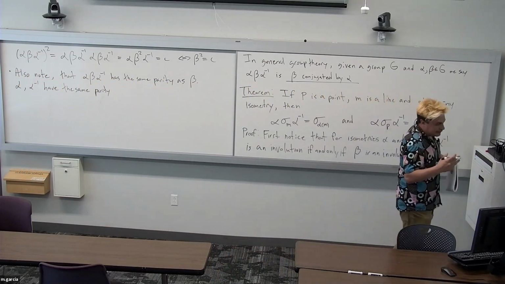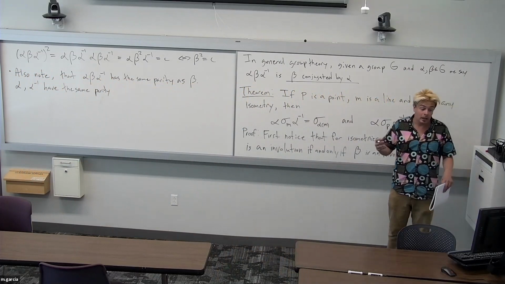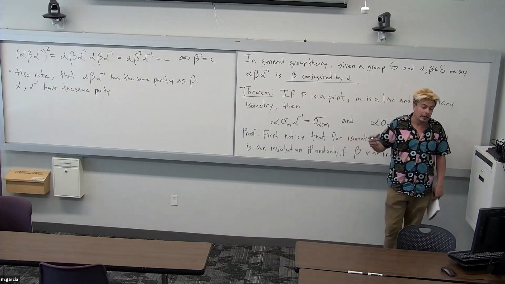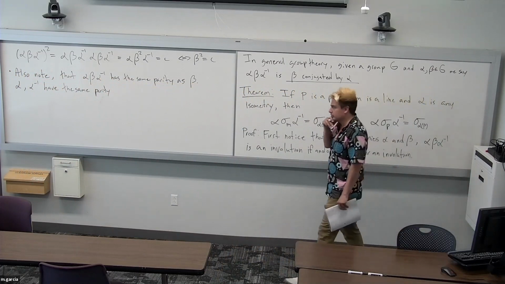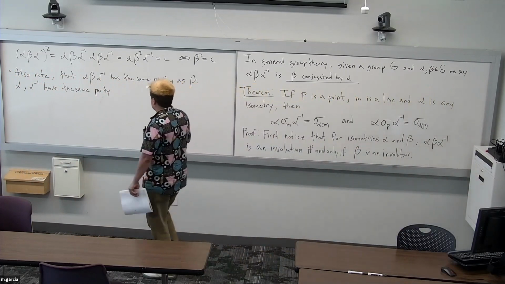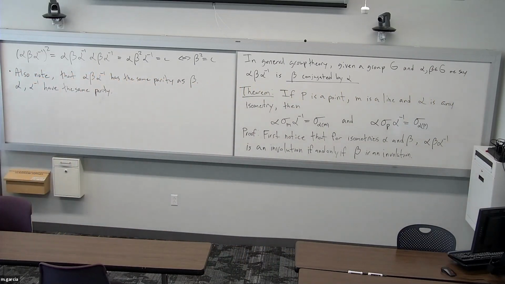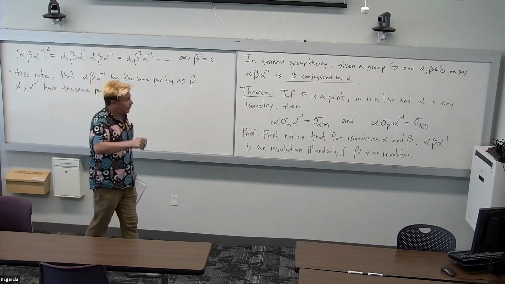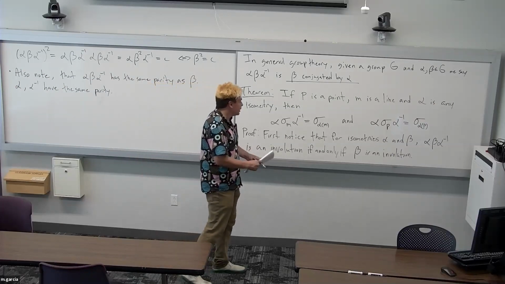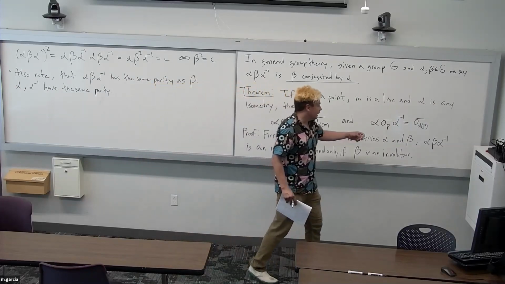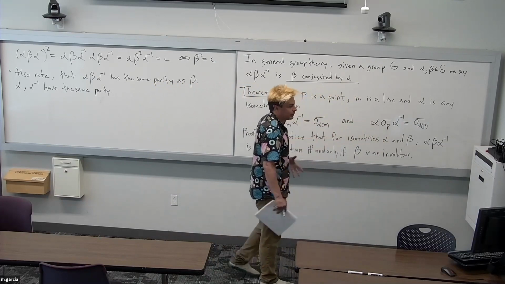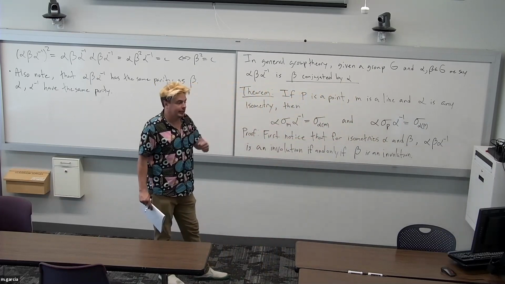So adding an even to an odd gives you an odd, which is the same parity as that of beta. Okay? So, now we want to consider the two types of involutions that we know characterize all involutions: reflections and half-turns.